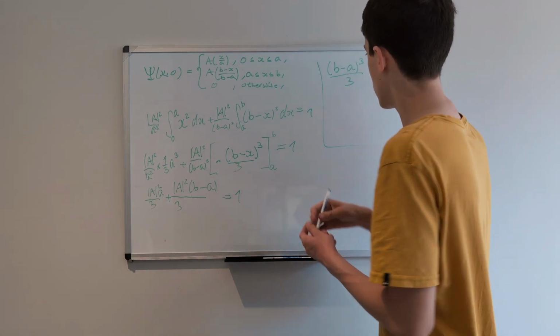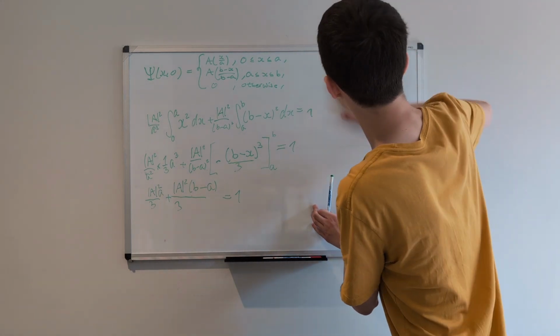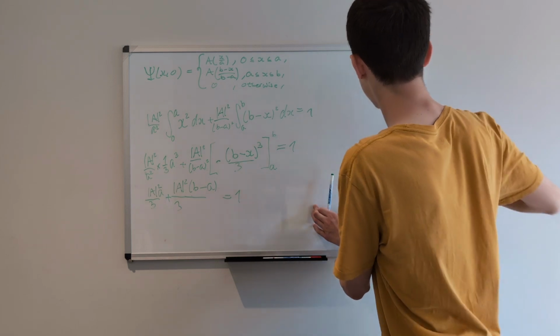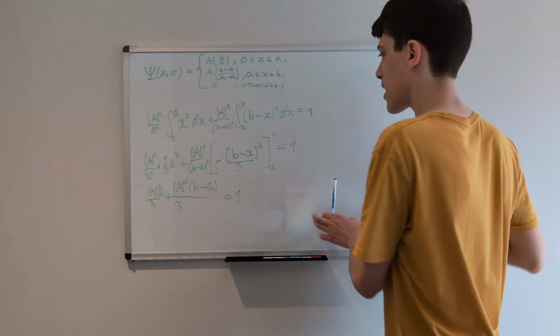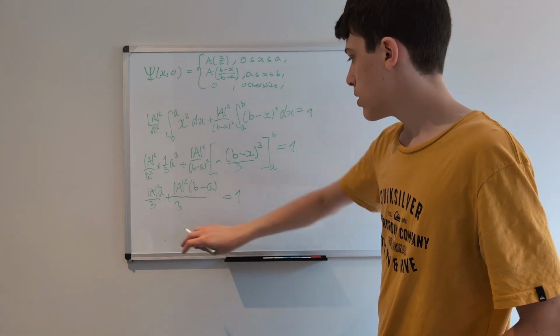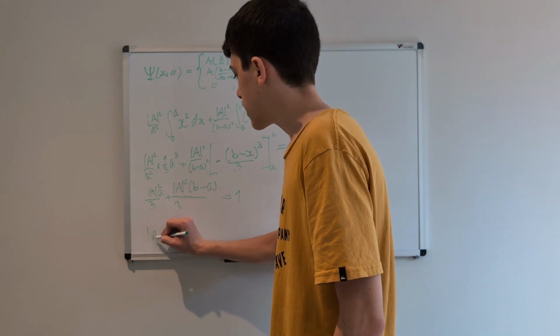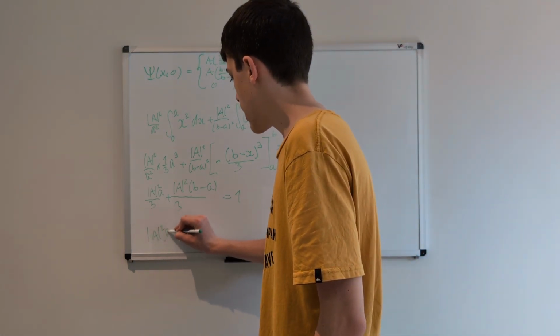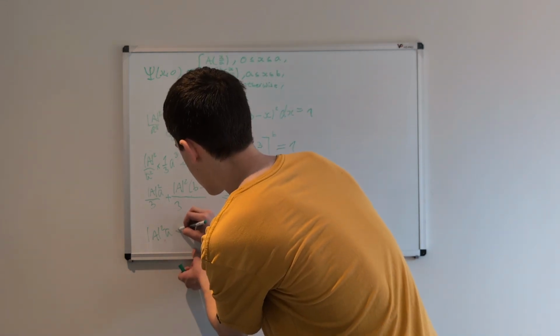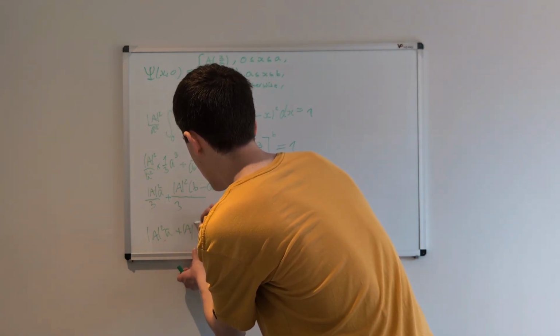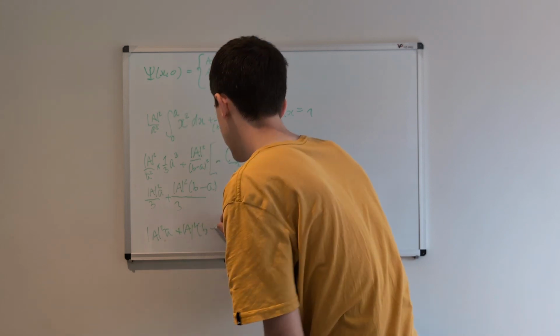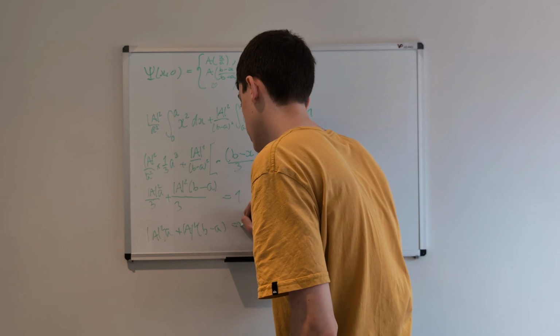So I'm just going to get rid of this bit here so we have more space. Okay, so we can just multiply through by 3, which will give us the modulus of A squared times a plus the modulus of A squared times (b minus a) equals 3.